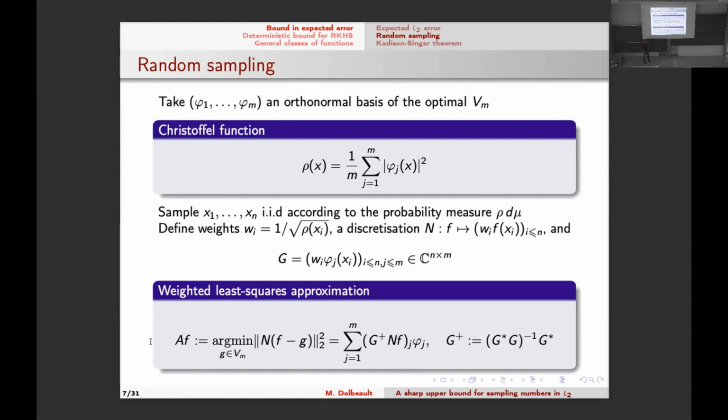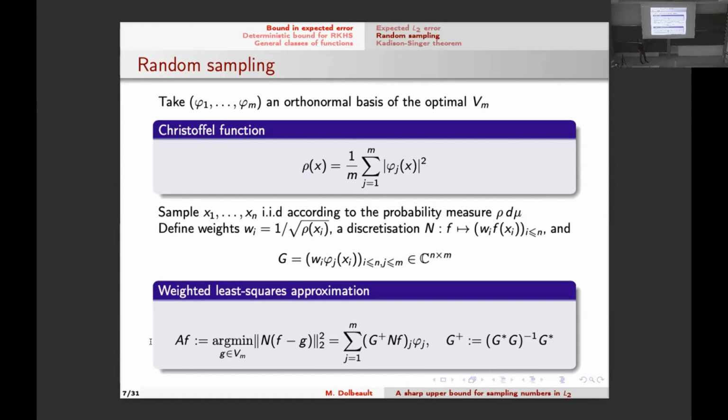So here, if I take an orthonormal system of Vm in L2, so what is Vm here? I have to tell it here. I had my Kolmogorov widths, which said there is a best linear algorithm, or almost best, that projects all my functions onto a linear space of dimension m. I fix this space Vm, and I take an orthonormal basis of it.